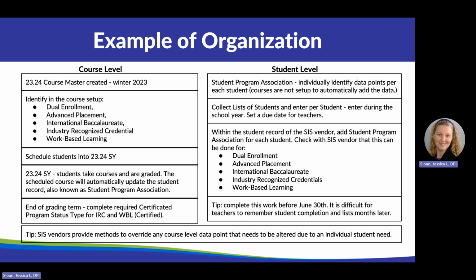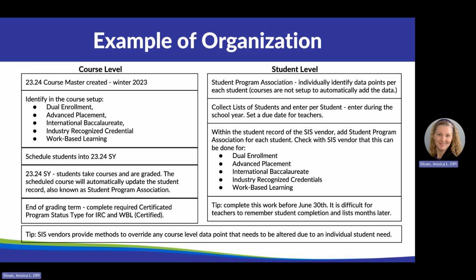We can then follow the box down to the next step of scheduling. Once the student is scheduled and has earned a grade in the course, data entry people will complete a final step for those students that are in a certified course, meaning certified means that they have a course that has an IRC or that they are in a work-based learning that is certified, and those are youth apprenticeship and the 2 state co-ops.